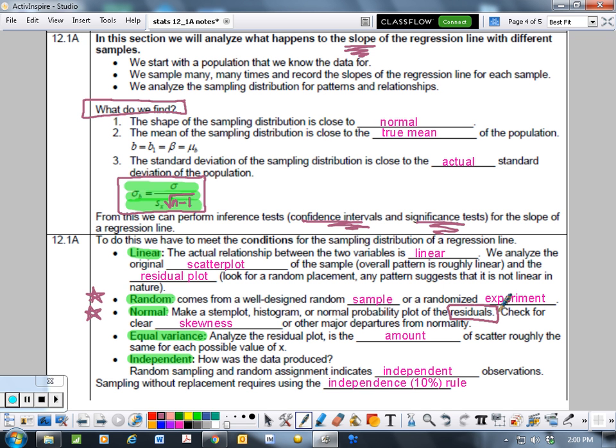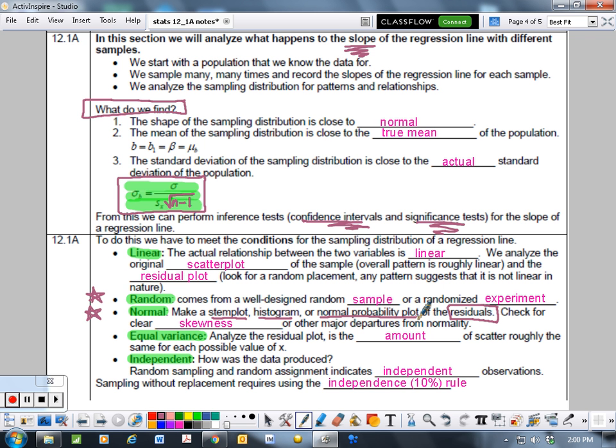So we're going to have to calculate a regression line to be able to access those residuals. And then from there, we can graph those using a stem plot if we do it by hand, a histogram on the calculator, or my favorite, the normal probability plot on the calculator. And then we can check for clear skewness or any major departures from normality.